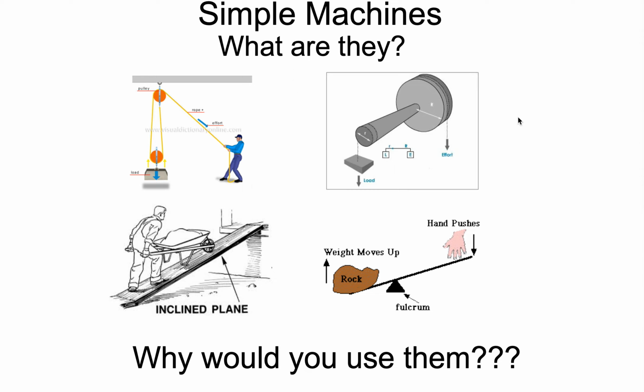We'll write them all down here real quick, just so that you guys have them. So pulleys. I think you guys know what a pulley is, right? It's a wheel that spins, and you can put a rope around that wheel.